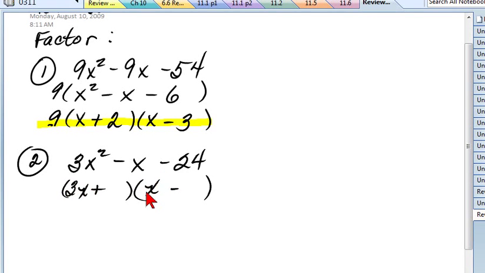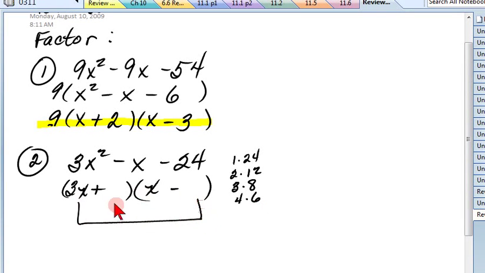And now I need to work with the factors of 24, and I have choices. I have 1 times 24, 2 times 12, 3 times 8, and 4 times 6. And those simply have to be put in combinations with the 3 and 1 that are already there.